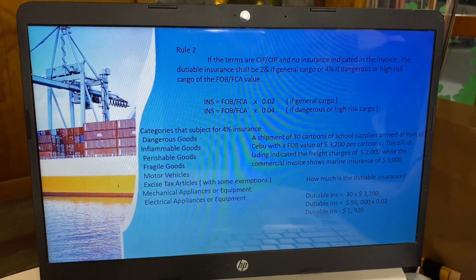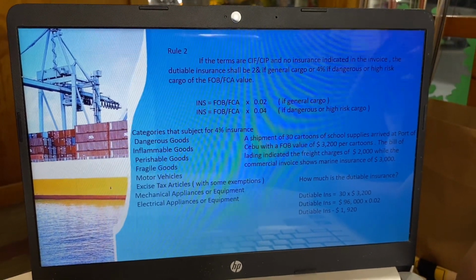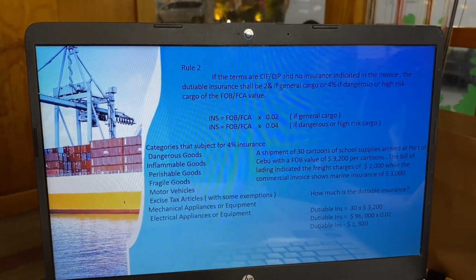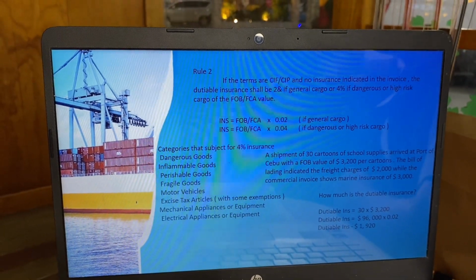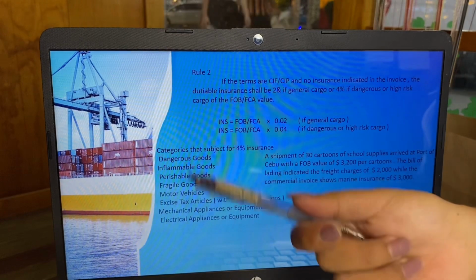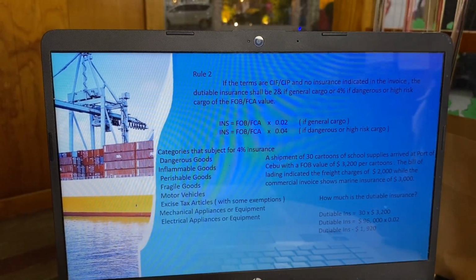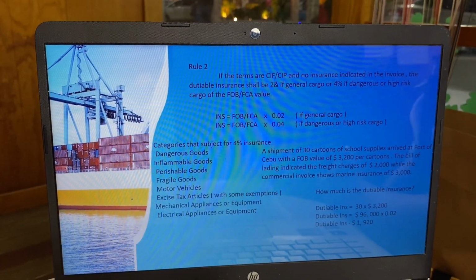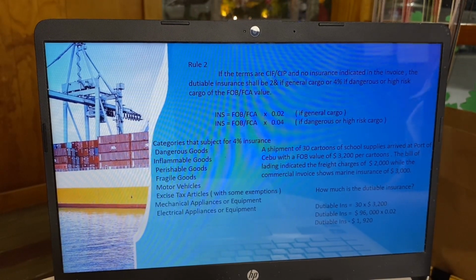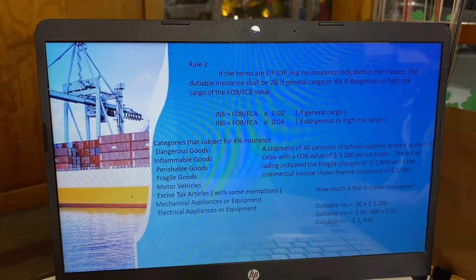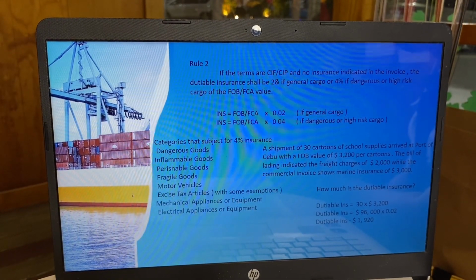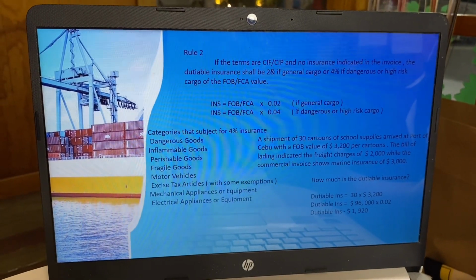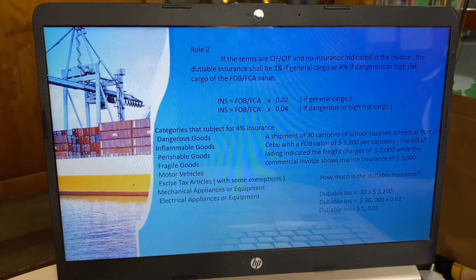But if your cargo is considered dangerous or high risk, then we multiply your FOB or FCA by 4%, or 0.04. Here you would see the categories subject to 4% insurance, classified as dangerous or high risk cargo: dangerous goods, inflammable goods, perishable goods, fragile goods, motor vehicles, excise tax articles with some exemptions, mechanical appliances or equipment, and electrical appliances or equipment.